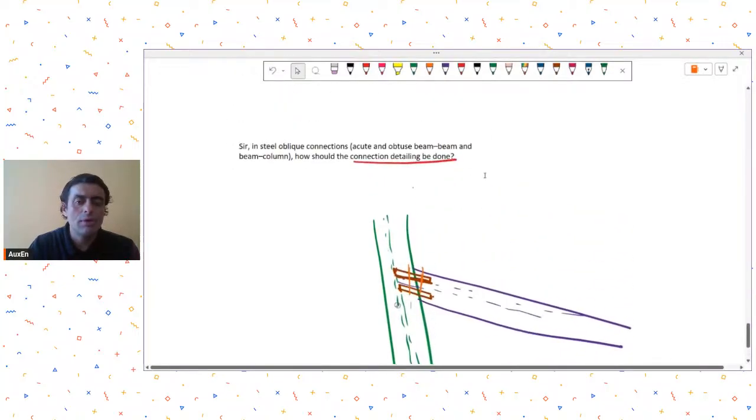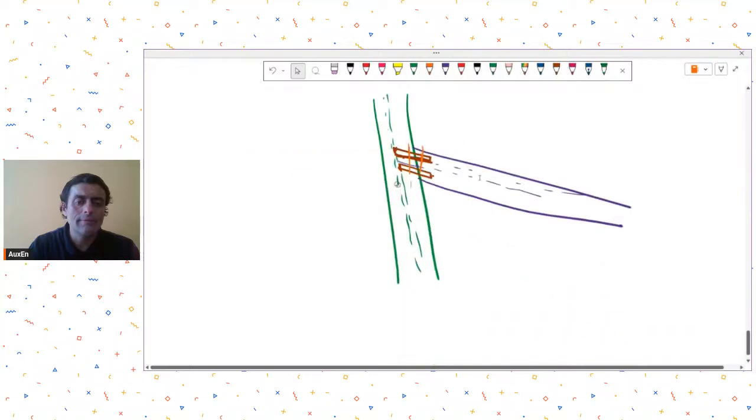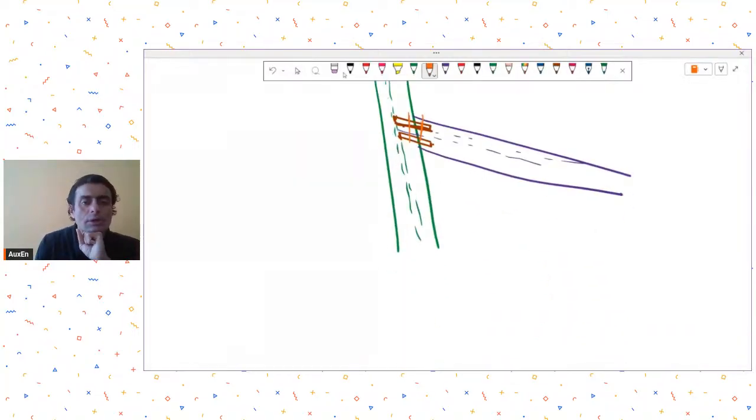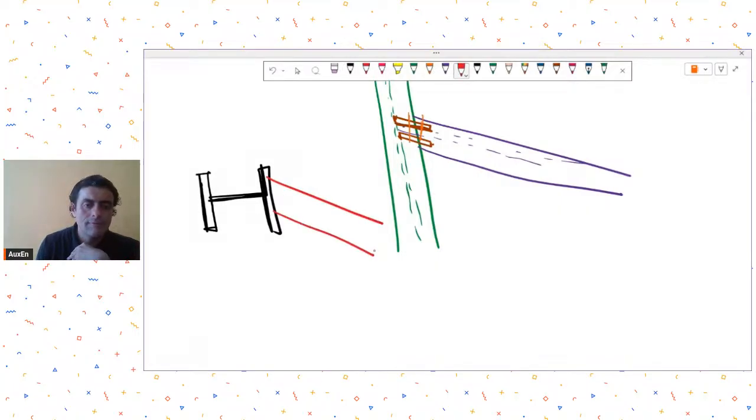Now if you want to create a beam to column moment connection, then it will be slightly problematic. Suppose this is my column in plan view, and I have a beam like this connected in plan, then this will be problematic.